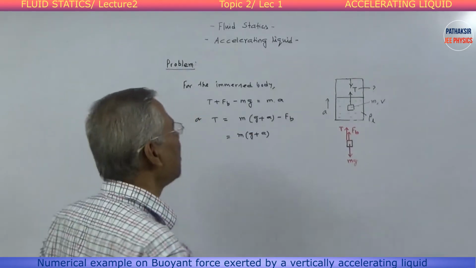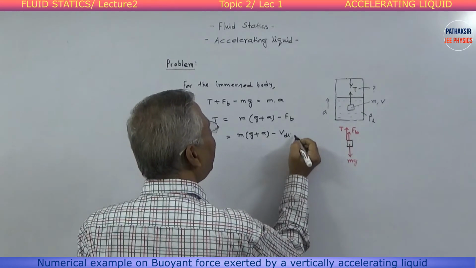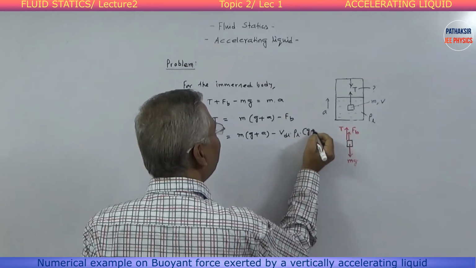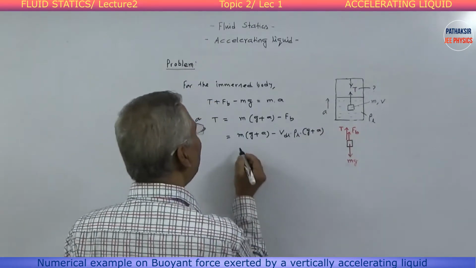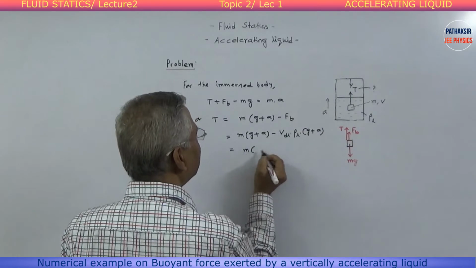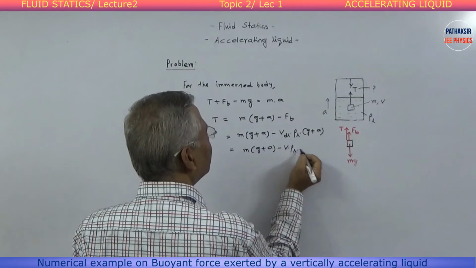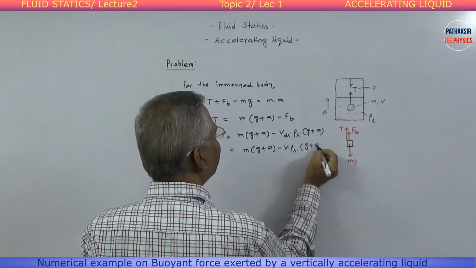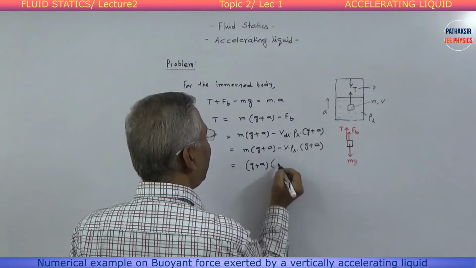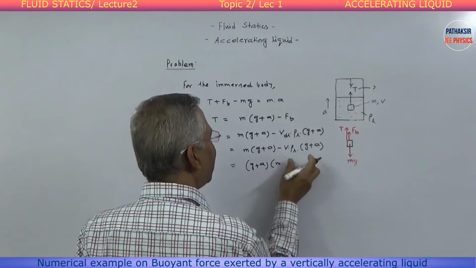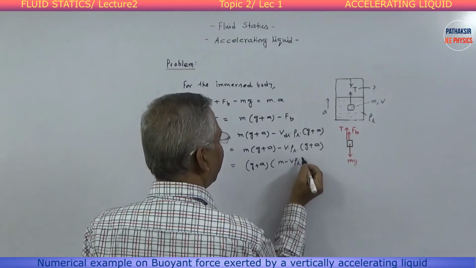Only the buoyant force, as I discussed in the last question, is equal to V rho L into g plus a, where volume of displaced liquid equals volume of the body. So T equals g plus a into M minus V rho L.